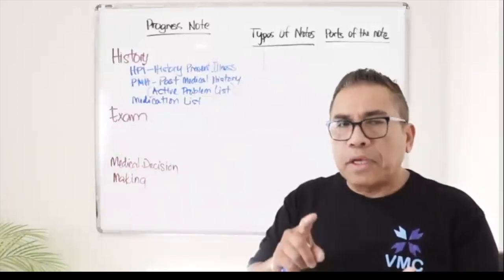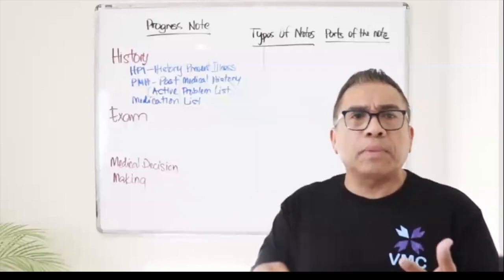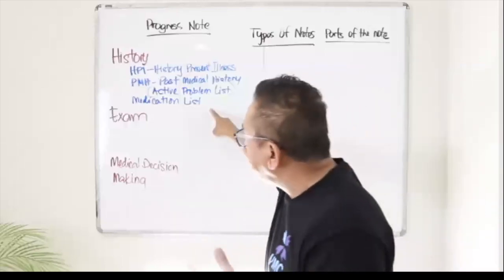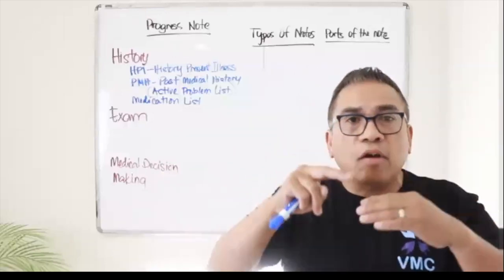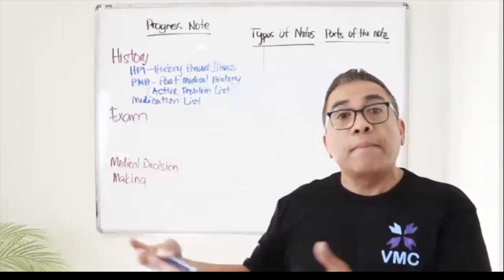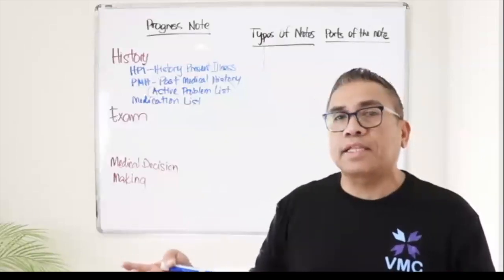What else? If a patient is also on antihypertensive medication, is the patient on Coreg, Metoprolol? The medication list lists all these medications. If a patient has a respiratory disorder, maybe the patient is on Ventolin or albuterol or something like that.